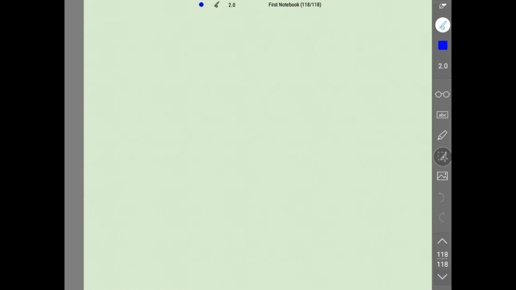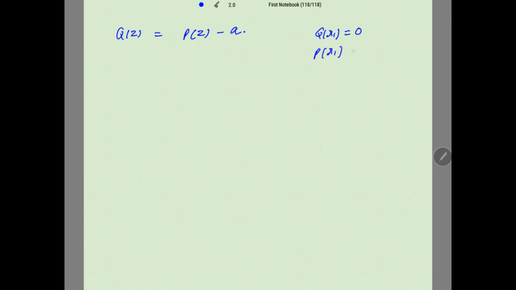But what is our Q(z)? Q(z) is equal to P(z) minus A, right? So if Q(z) has r1 as a root, then Q(r1) is equal to 0, and from that we get P(r1) minus A is equal to 0.